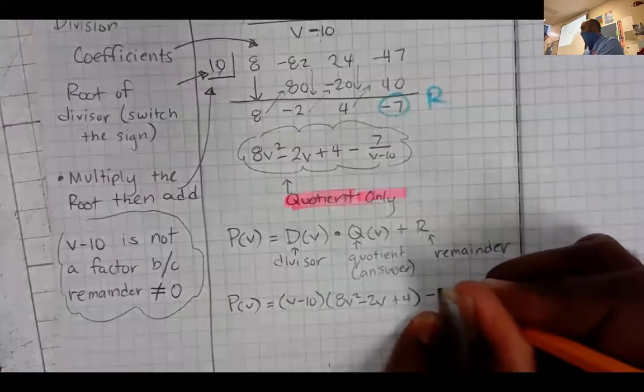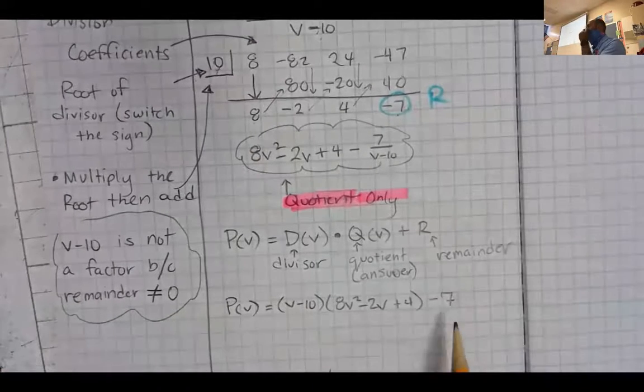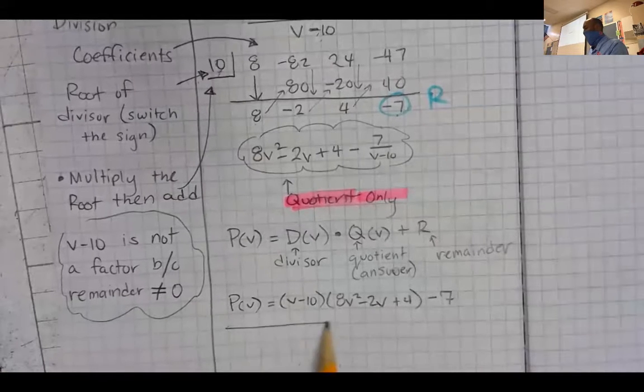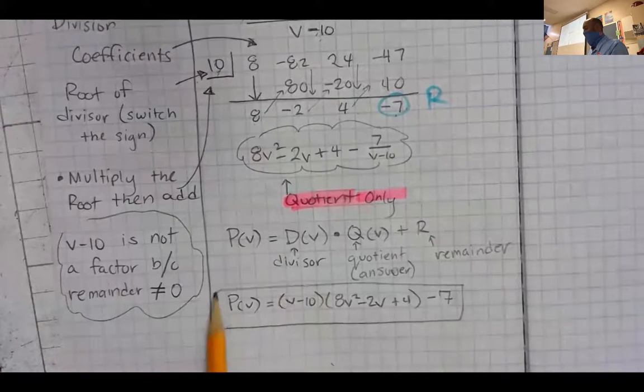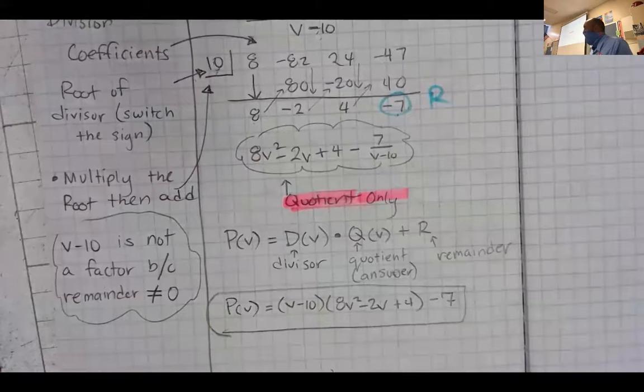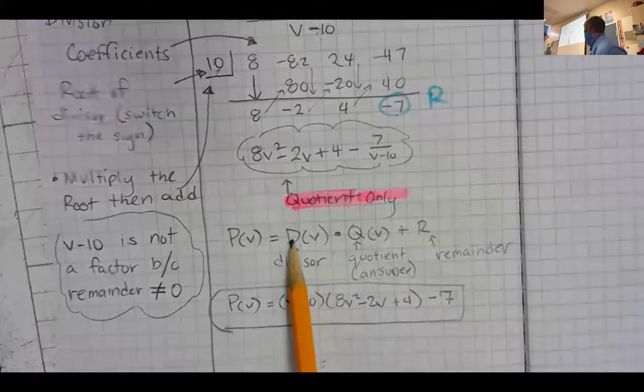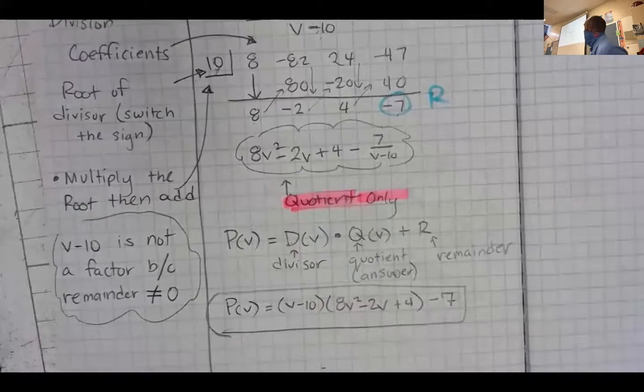Minus 7. When you put it in this form, you're already including the divisor, so you don't have to put it like over V minus 10. So basically you're rewriting the original function into this form. So whenever it asks you to do it in that form, that's what that means: divisor times quotient plus the remainder.